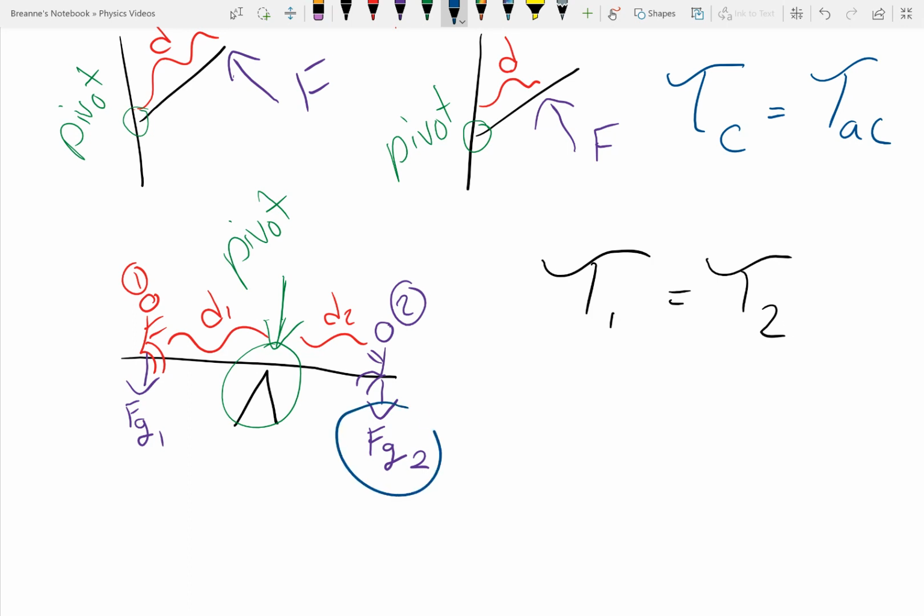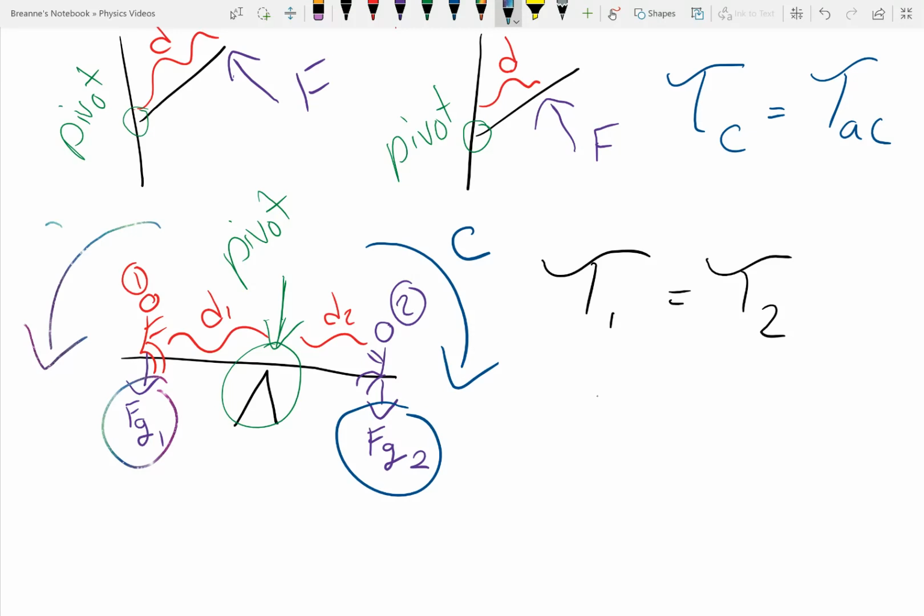This force here is pulling it down, making the seesaw go that way. If you look at the face of a clock, that's clockwise. This force here is making it rotate this way, and that's counterclockwise, or in my notes, anti-clockwise.